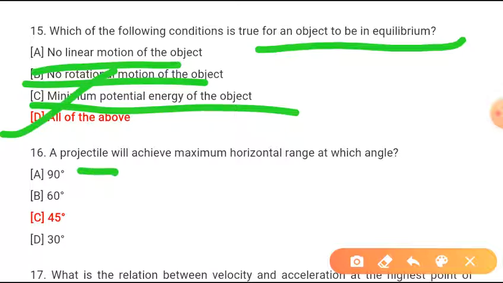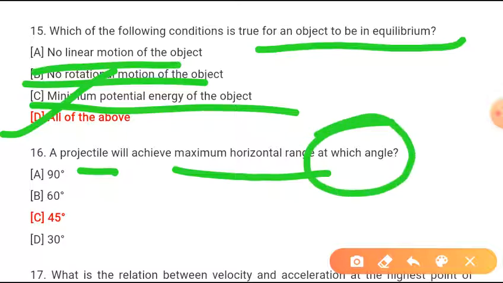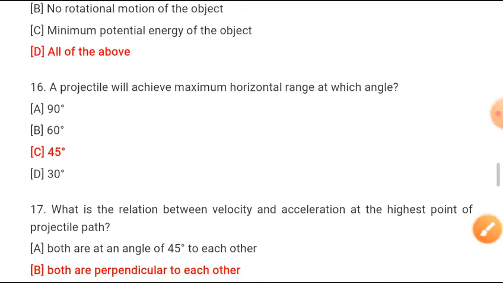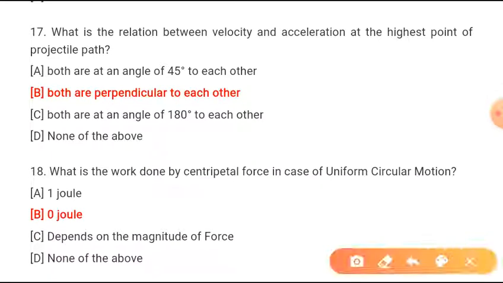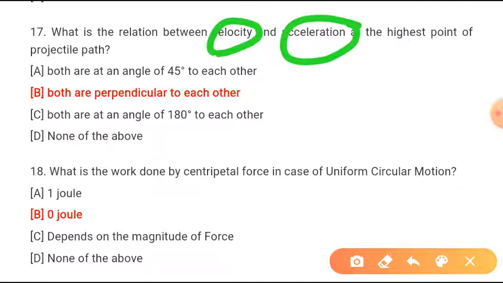A projectile will achieve maximum horizontal range at which angle? 45 degrees. At that angle it will be horizontal. What is the relation between velocity and acceleration at the highest point of a projectile path? Both are perpendicular to each other.